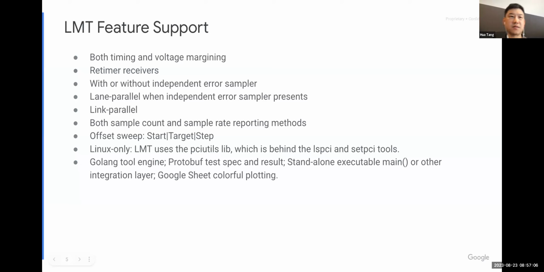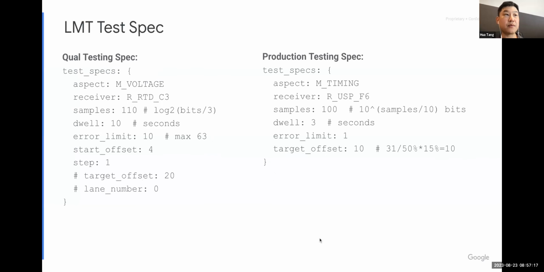Okay, let me see if I understand the question correctly. Let's just focus on one lane. I think it's related to the start, step, and target. If you're talking about sweeping, you start with the start offset, and then you step out.